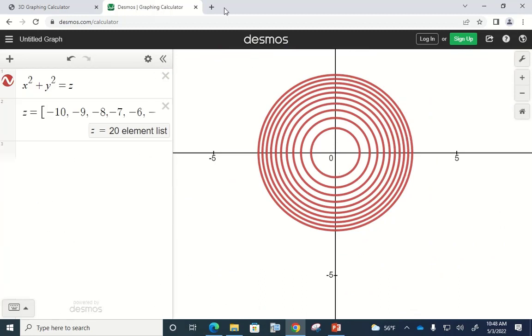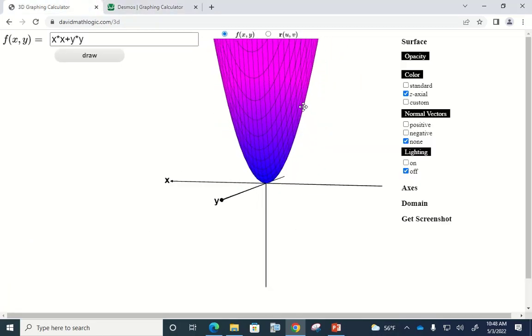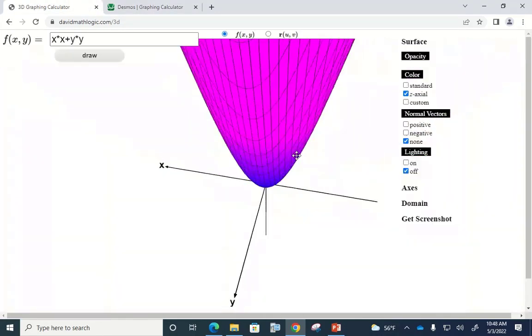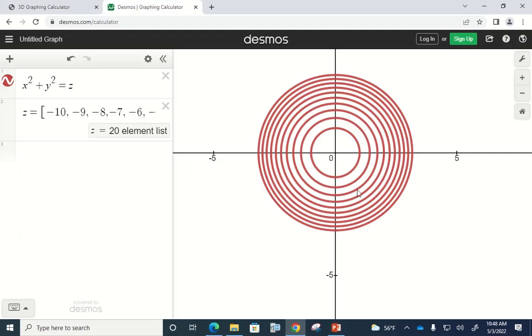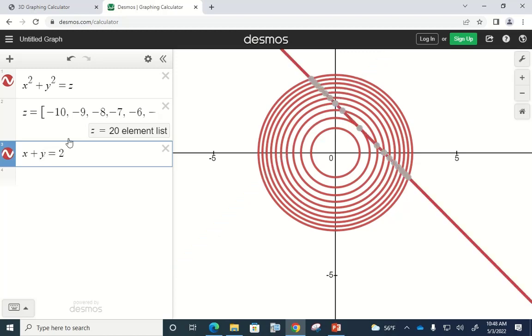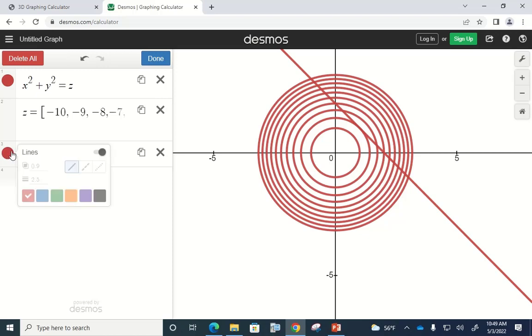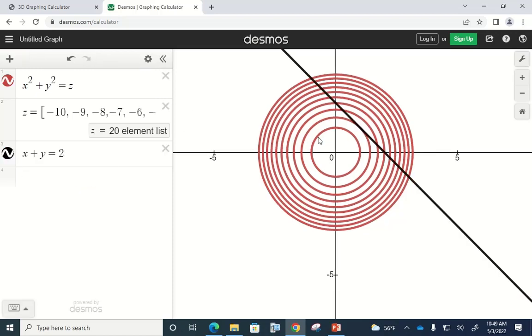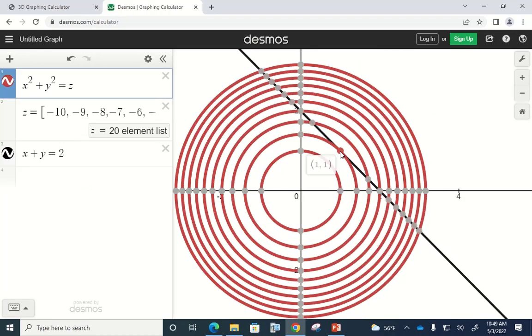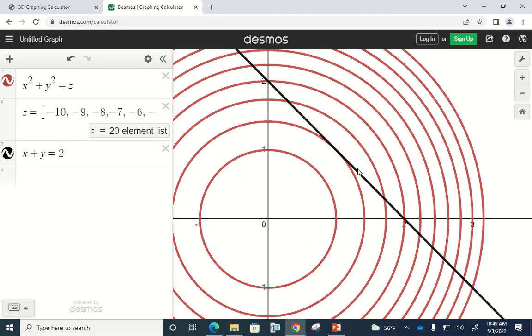So every contour line represents a constant value of z. And so as you're increasing in every direction, your contour lines look like circles. My constraint equation was x plus y equals 2, which I told you was the formula for a line. And you can see that's the formula for a line. And the point where the contour line intersects or just barely touches my constraint equation, that's going to be the point 1, 1, which is what we found.